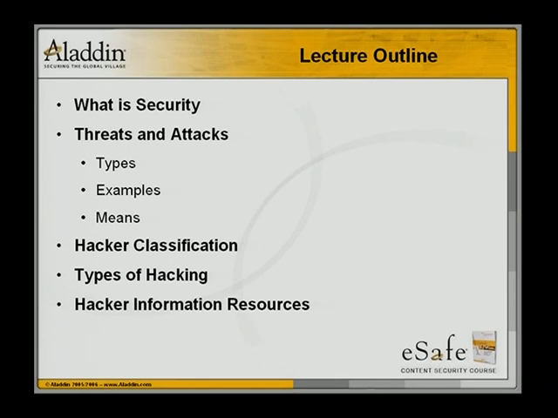We'll see all this when we continue. We'll continue with types of hacking. We'll see that there can be many reasons to hack, starting from political reasons, from racism, from all kinds of reasons. And we'll finish with hacker information resources.